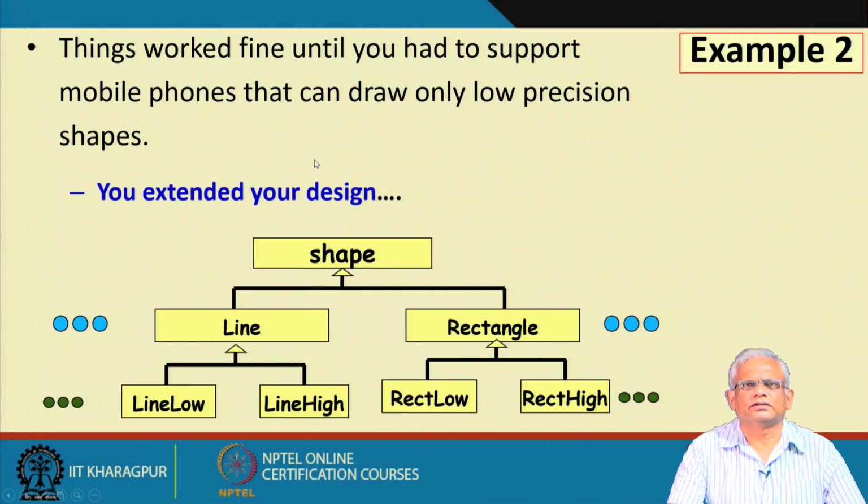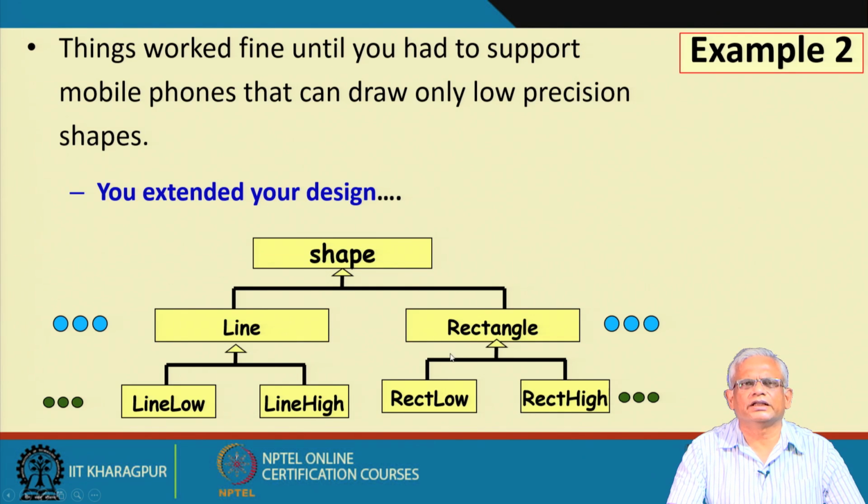But then it was working fine until later we found that we have to support mobile phones also for the drawing package, and the mobile phone has a small screen and very low resolution.